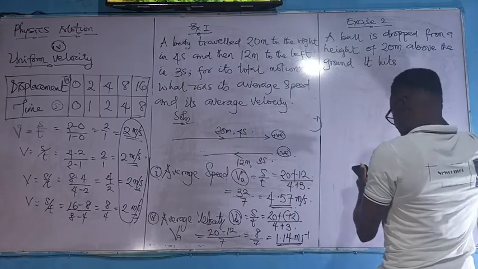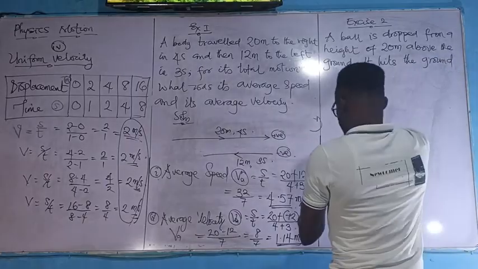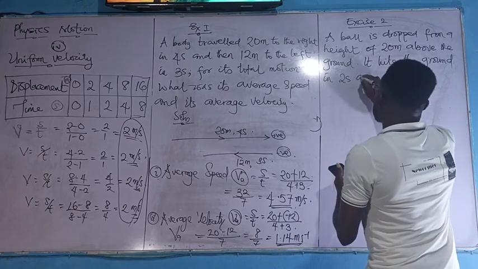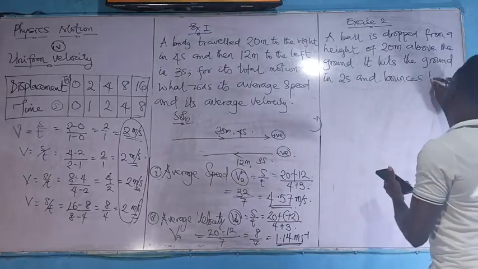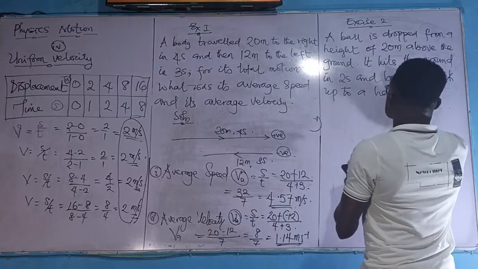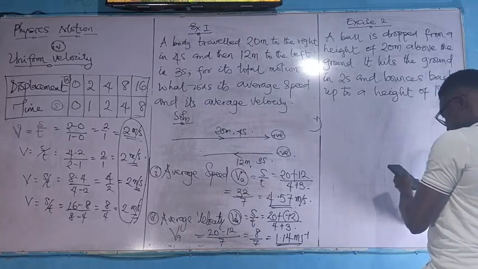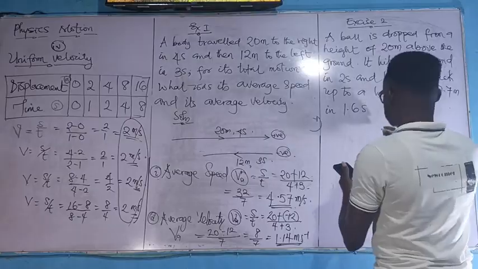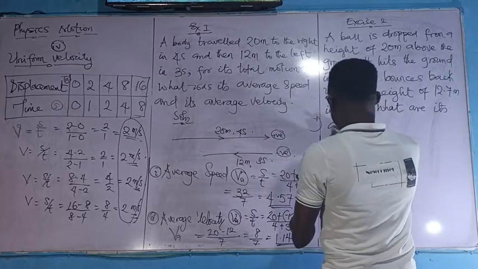It hits the ground in 2 seconds and bounces back up to a height of 12.7 meters in 1.6 seconds. What is its average velocity?